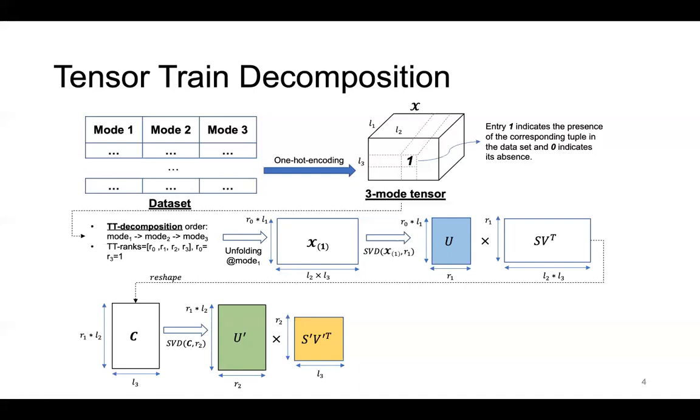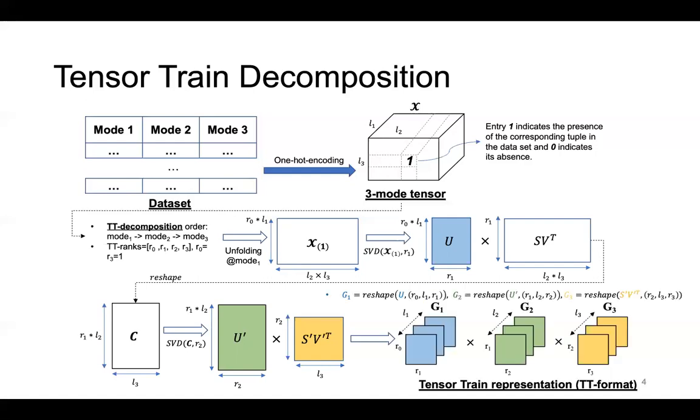Once we are done with the above steps, we reshape the vector matrices we got from the previous SVD decompositions. For example, G1 here is a 3D tensor, which is reshaped from the U matrix from the first SVD decomposition.